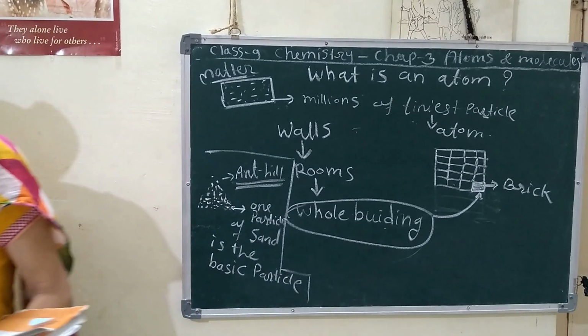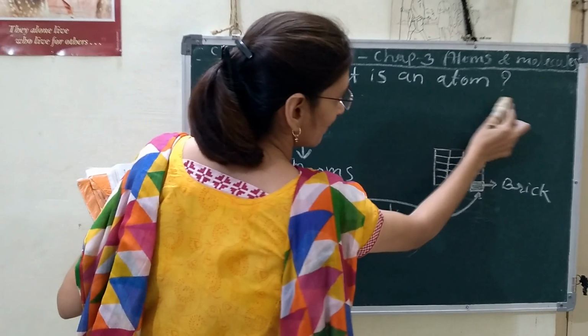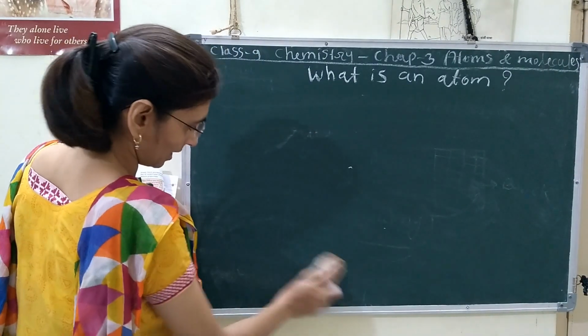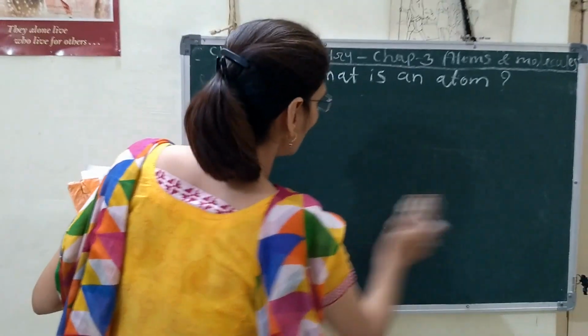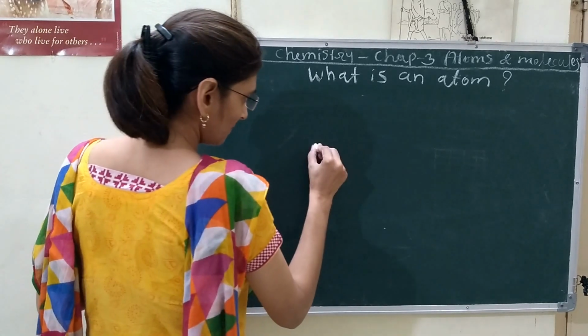Yes? So we have seen what is atom. Now we will see how we can measure the atomic radius. For this we have to see here first what is atomic radius.